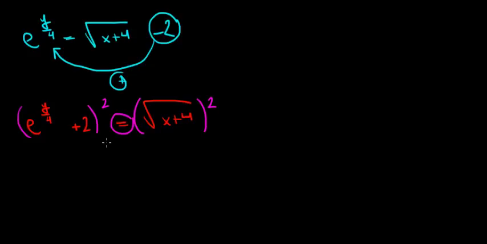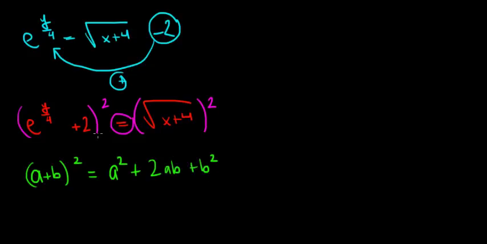Now, before going further, let's remember the following power rule. If we have a plus b to the power of 2, that's equal to a squared plus 2ab plus b squared. In our case, we have an a and a b, so we can literally apply this formula.